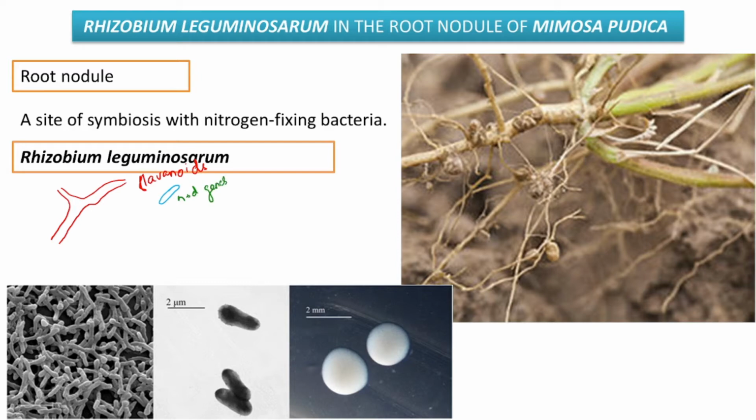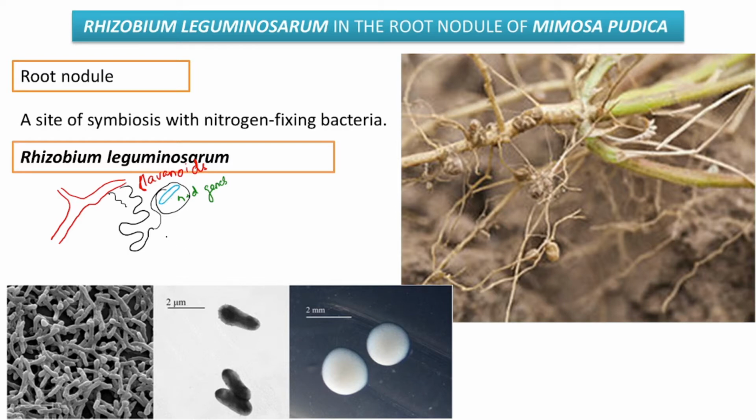They get activated, and under the influence of these nod genes, the root hairs of this root start to curl. Why? What is the purpose of this curling? To entrap enough number of this type of bacteria that is present in the vicinity of this root hairs. And when enough number of bacteria is entrapped, then it forms a colony there.